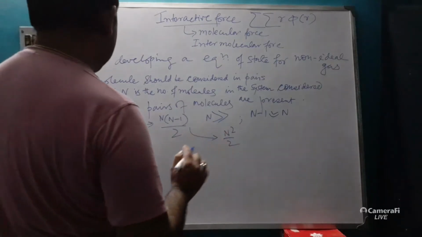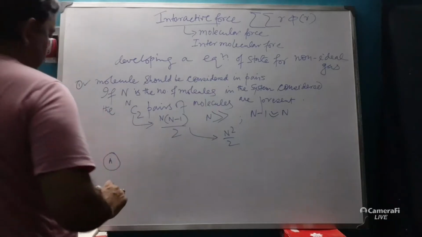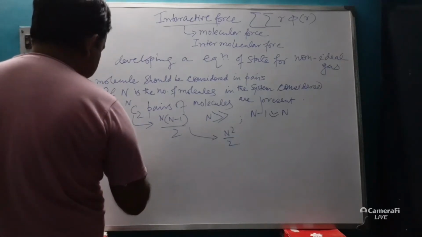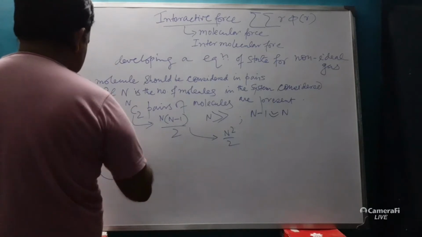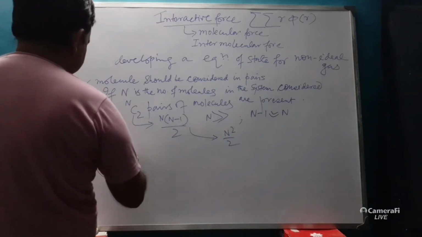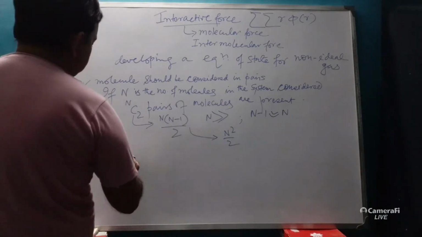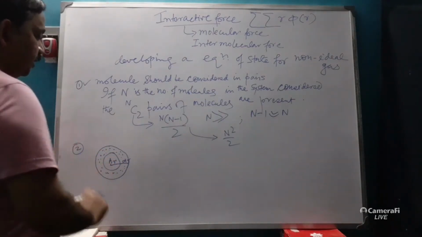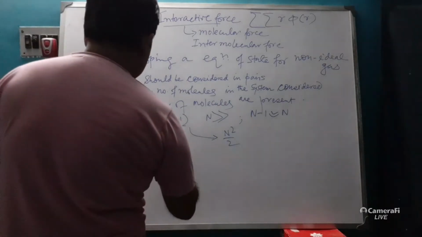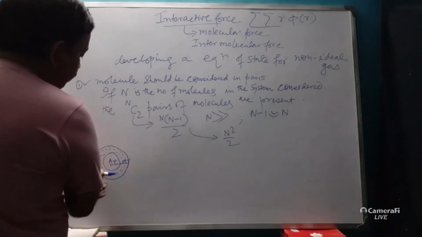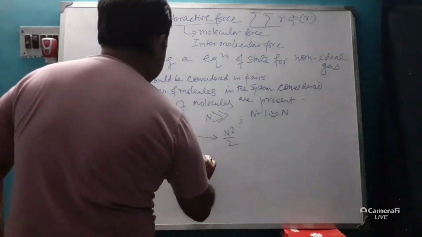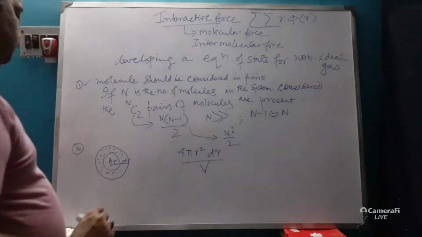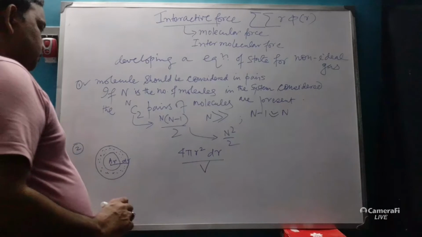Let the first molecule be A. Suppose we are going to find the number of molecules between R and R plus dr for the molecule A. This can be easily found by taking the volume of this dotted area, that is 4 pi R square dr by V. V is the volume of the system. So this is the expression.